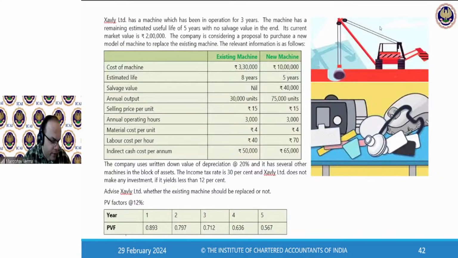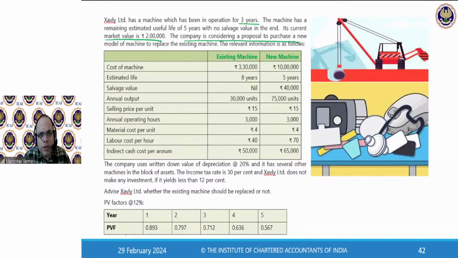Zavli Limited has a machine which has been in operation for 3 years, and the machine has a remaining estimated useful life of 5 years with no salvage value at the end. Its current market value is 2 lakhs here, right? So we have already been operating this for 3 years and estimated useful life was 5 years. So that means it could probably go on for 2 more years.